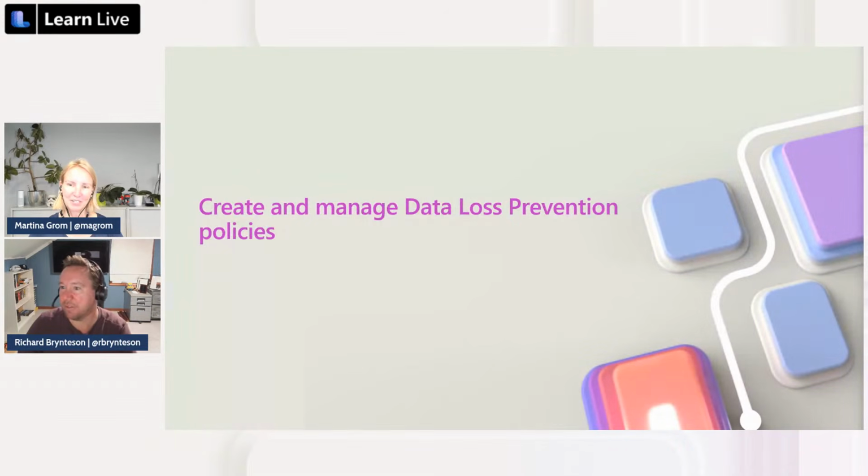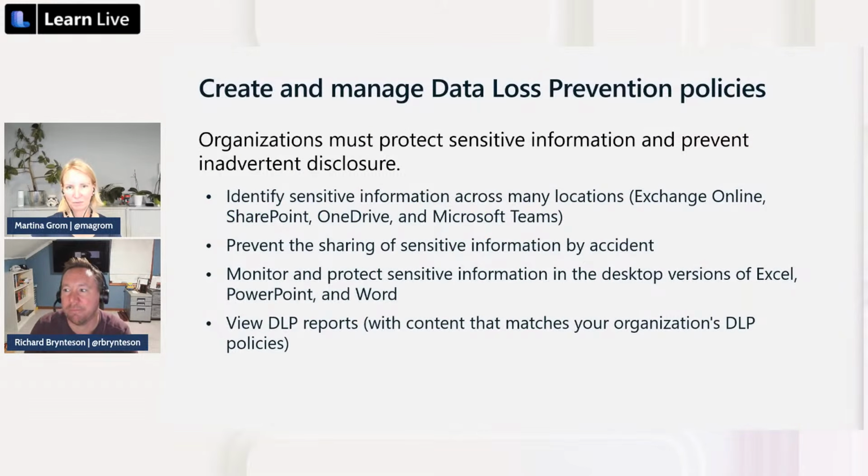Yeah, take it over. So data loss prevention policies is also something which is quite interesting because an organization has to protect sensitive information and they need to protect it from inadvertent disclosure. So that means if you have a regulation in place and you need to have a protection change from time to time, you need to have a data loss prevention policy in place.